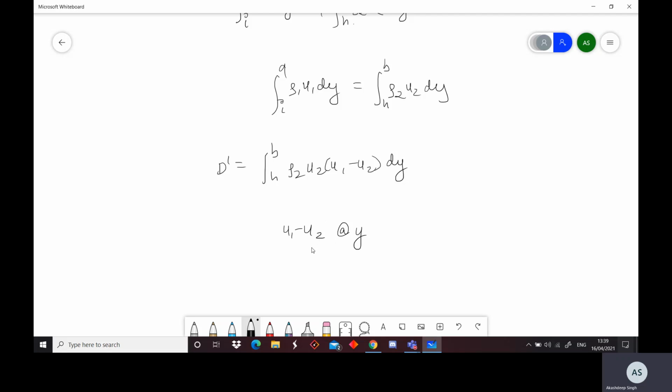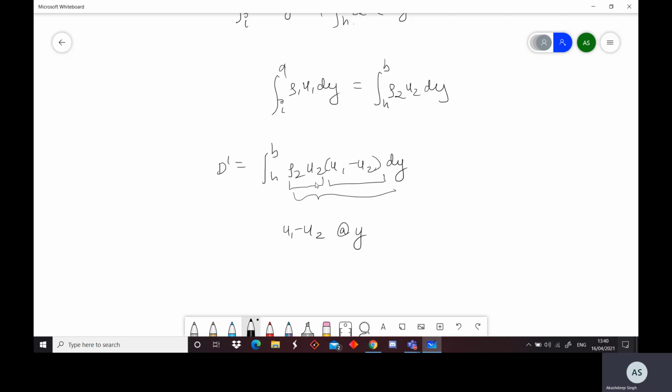Now, why is that decrement happening? That is because there is drag on the body and a wake that trails downstream of it, and in this wake there is a loss in flow velocity, which is just U1 minus U2. The quantity rho 2 U2 is nothing but the mass flux. So this mass flux, when multiplied with U1 minus U2, gives nothing but the momentum decrement.